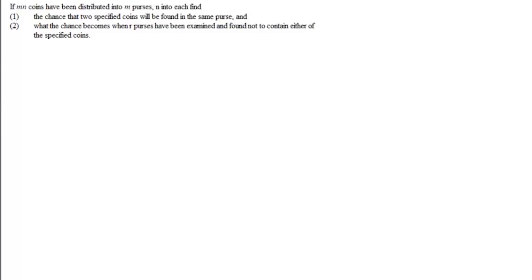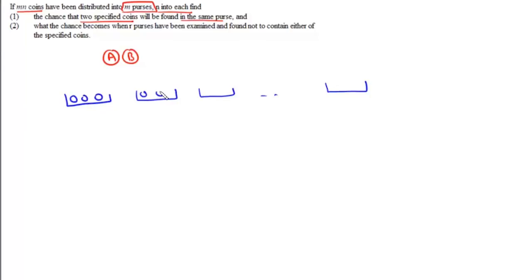Now here the question is, if m into n coins have been distributed into m purses, n into each, now we need to find the probability that 2 specific coins A and B are in the same purse. Now what we'll say is, suppose we have these coins distributed in these purses, and there are m into n positions.